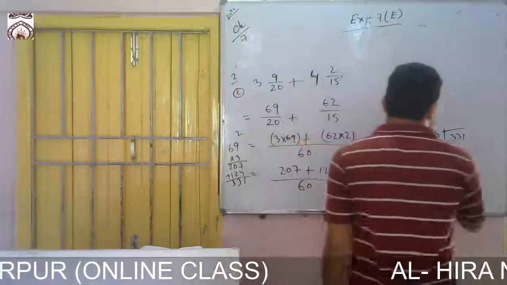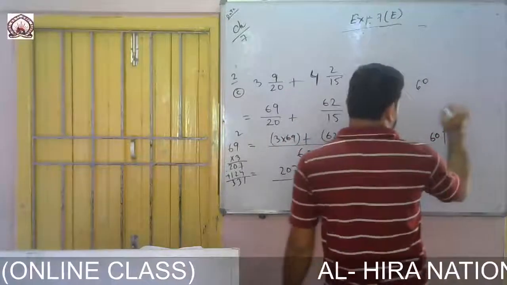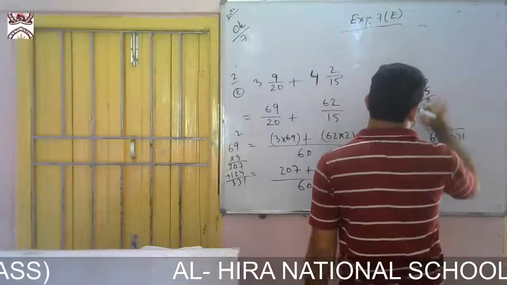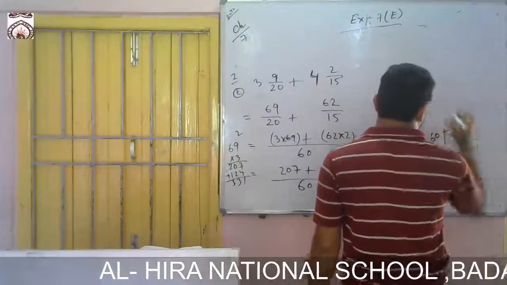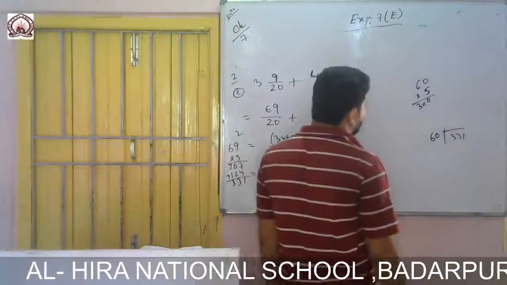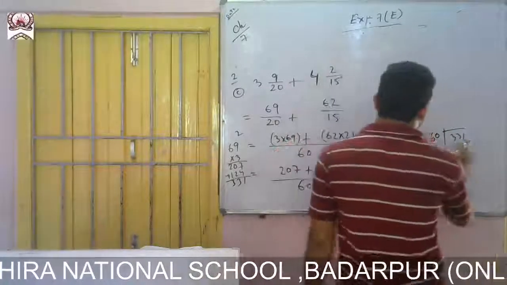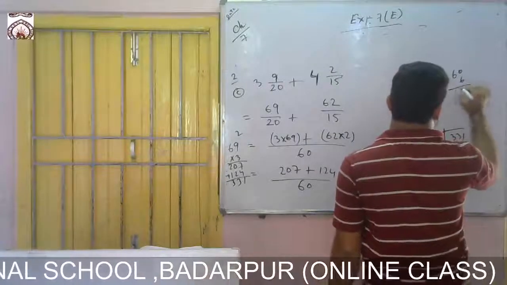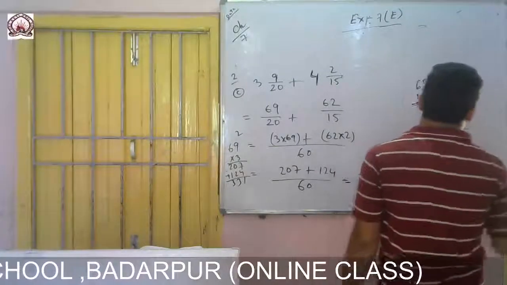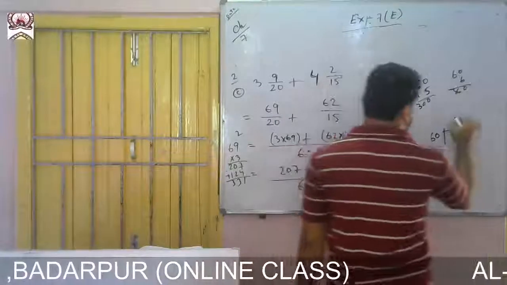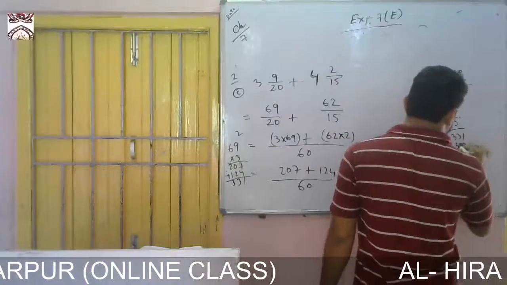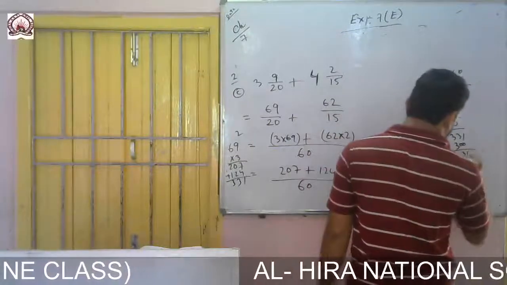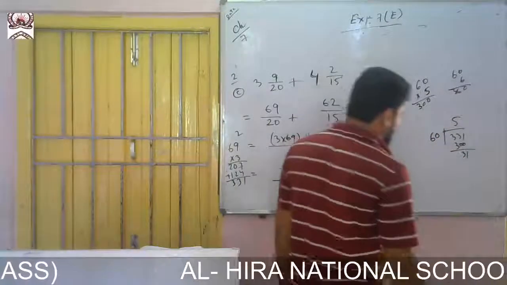Now 5 6s are 30, 5 times is 300. And 331. Then 6 6s are 36, 360. So 5 times is 300. Okay. So 1 here 3 31.